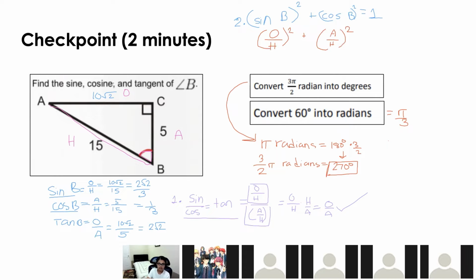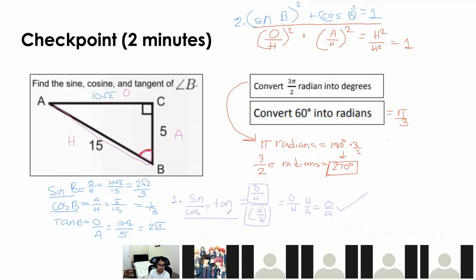And obviously, since this is a right triangle, O squared plus A squared is going to be H squared by the Pythagorean theorem. So this is just H squared over H squared, which is 1. So this is something very important to know.